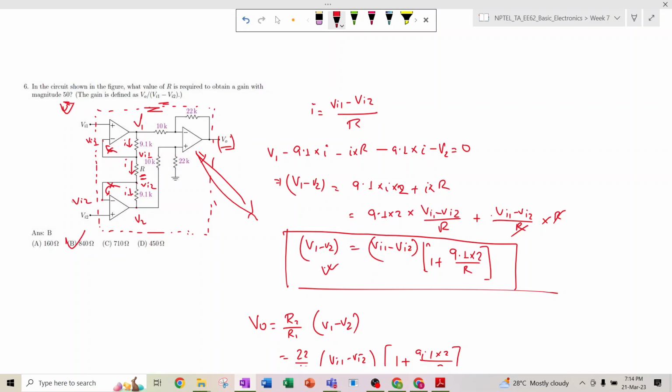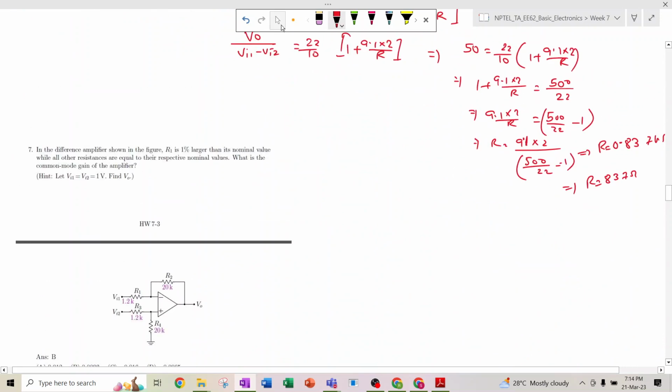That means if Vi1 minus Vi2 is, suppose, 0.1 volt, then the VO output will be 0.1 into 50, so 5 volt. So this 0.1 volt is amplified by the total difference amplifier, and we get 5 volt, and then we can easily measure it.